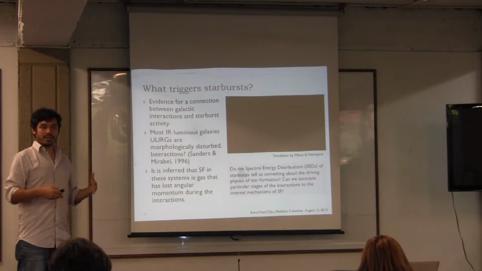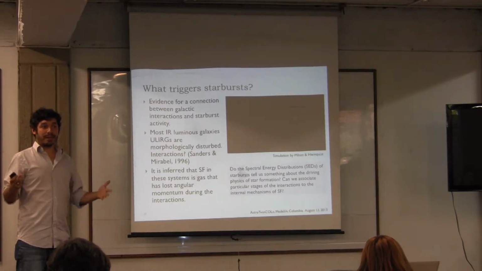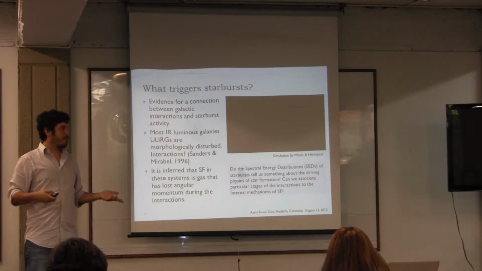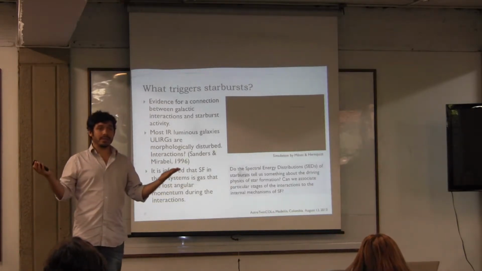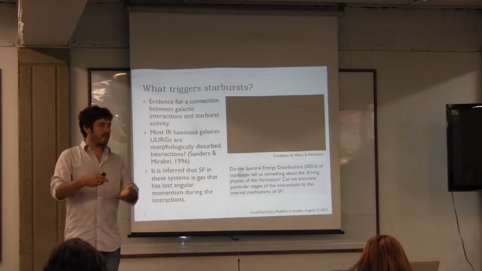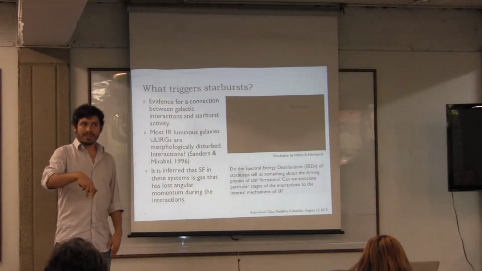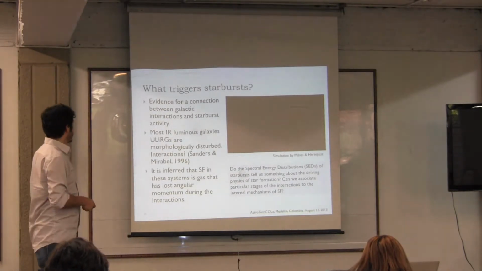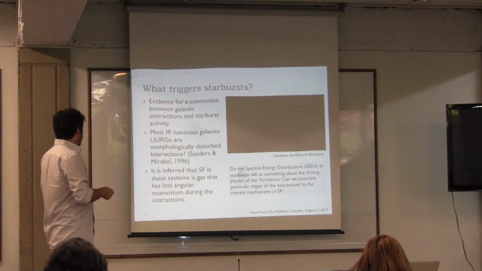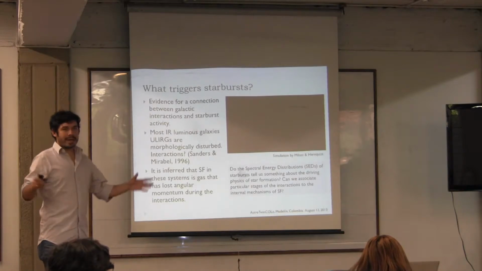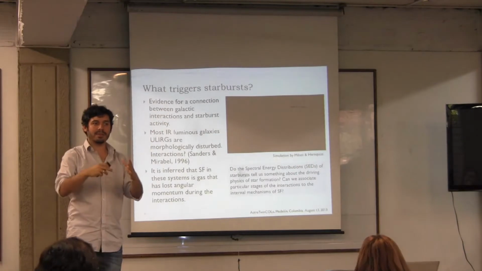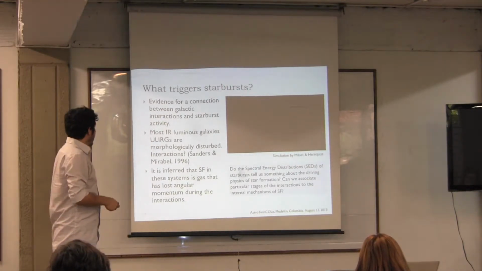People have related that to the fact that maybe these are interacting systems, galaxies that are colliding, and the collision is somehow responsible for the increase in star formation efficiency. The reason could be, for example, that during the interaction the gas loses a lot of angular momentum and collapses on large scales, and that collapse of the gas produces a lot of star formation.